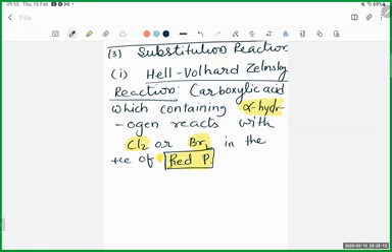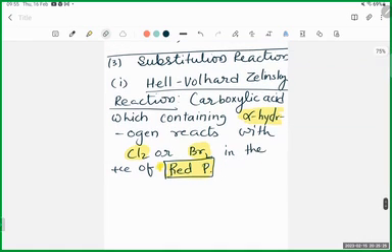So if it is present, then we can say that it goes to the product called alpha halo acids. Okay, so it produces alpha halo acids. Hydrogen I'm writing.